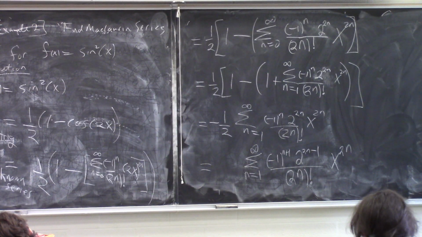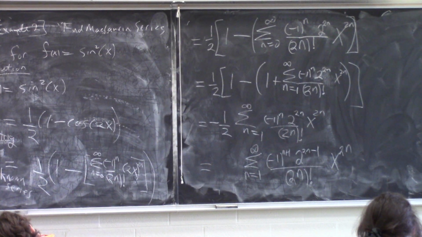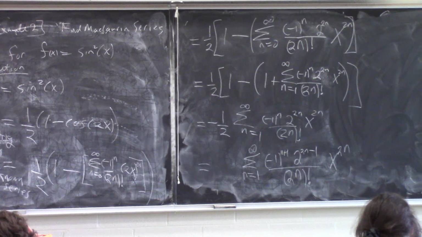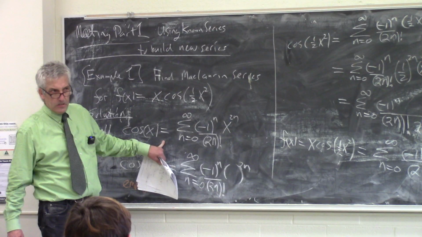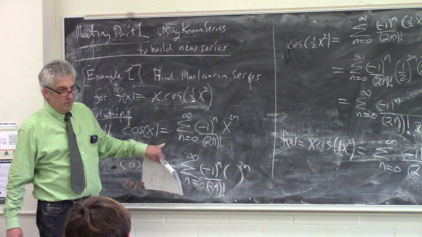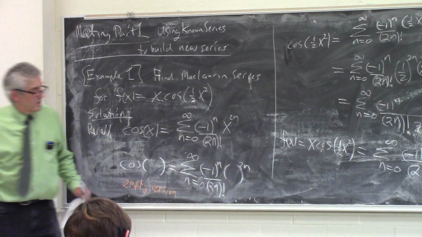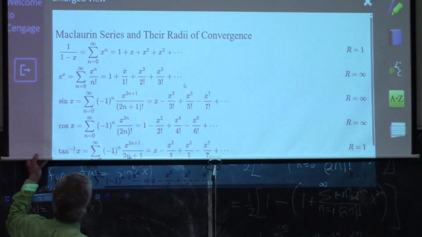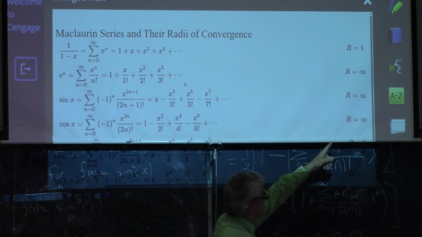Now, we should think about radii of convergence. For what x's is this equation here true? Well, let's look at our table. When you build the Maclaurin series for cos x, it turns out its radius of convergence is infinity.